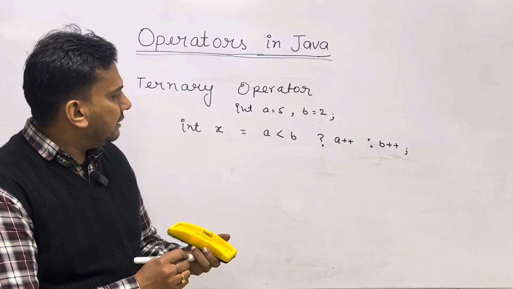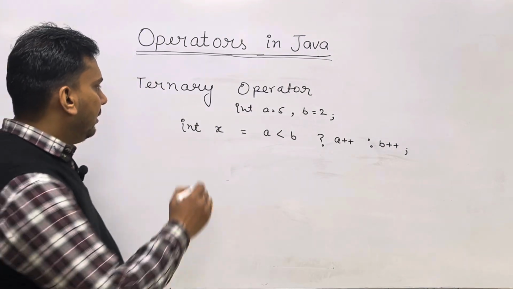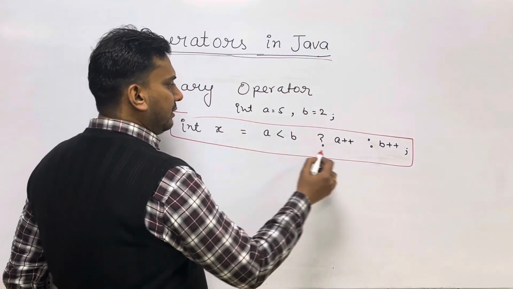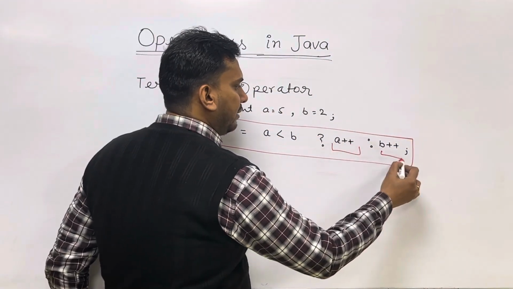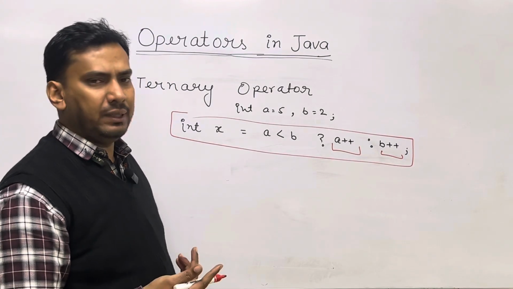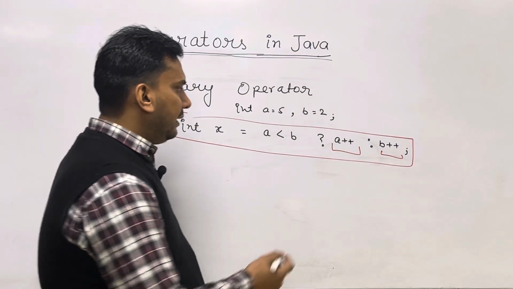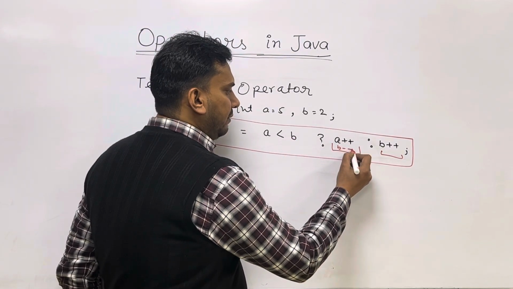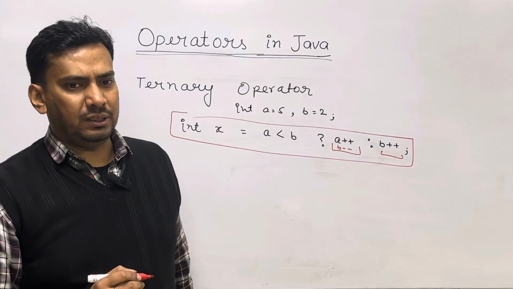Now there are certain restrictions in this ternary operator. In the then and else parts, only a single statement is allowed. You cannot write multiple statements. If I say that in case a is less than b, I want to do a plus plus as well as b minus minus, this is not possible.